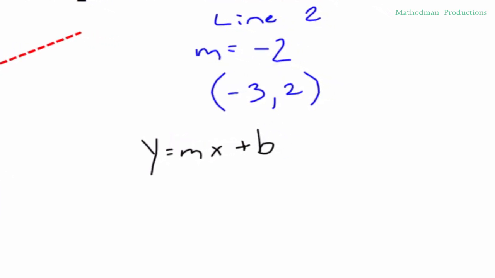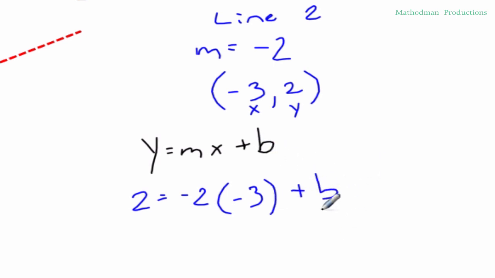So instead of y, this is my y value right here, this is my x, and this is my m. Plug it in. 2, my m, my slope of that second line is -2, x is -3, b we don't know, that's what we're trying to find out.